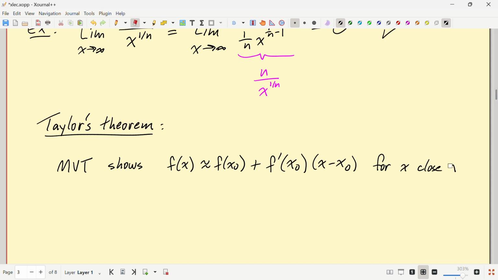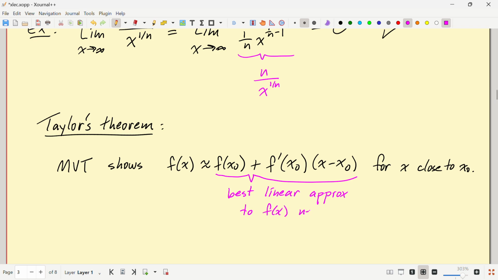And so the words that we like to use is this is the best linear approximation to f of x near x naught.